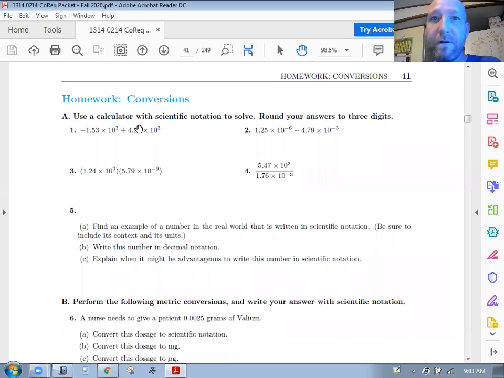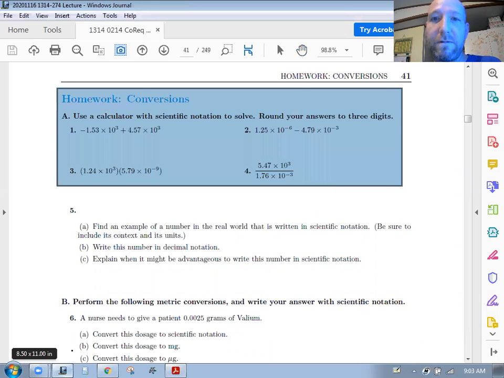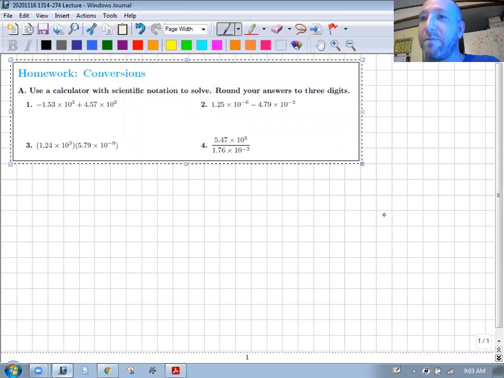Use a calculator with scientific notation. So we're doing review on page 41.